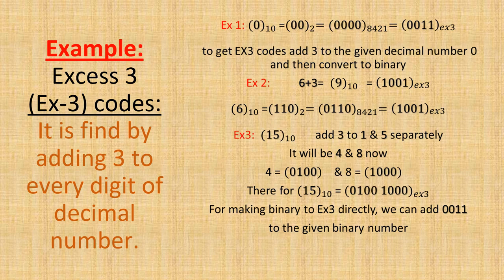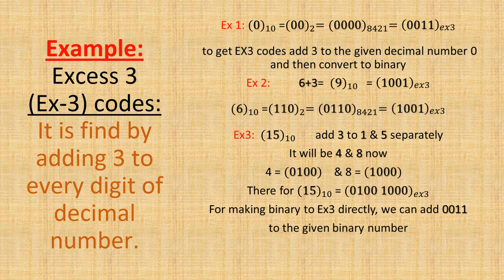In our second example, decimal number 6 is converted to EX3 by adding 3 to the decimal. In the third example, decimal number 15 is taken. In this example, we will add 3 to 1 and 5 separately.